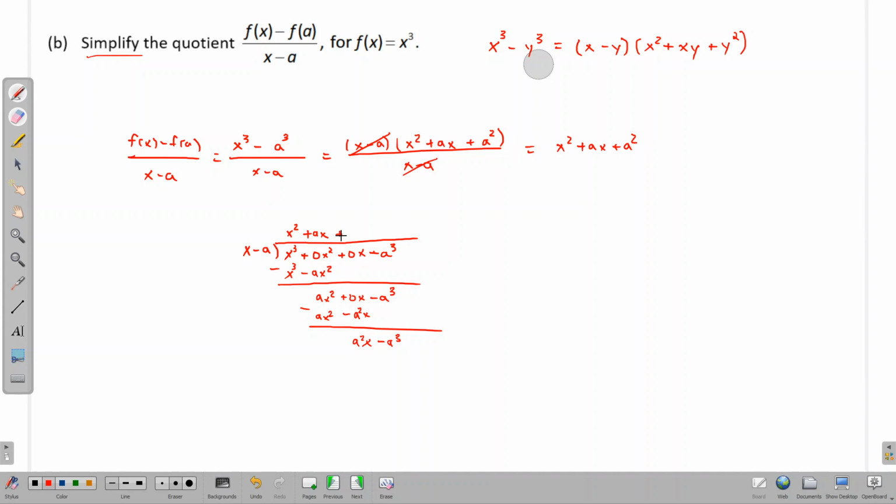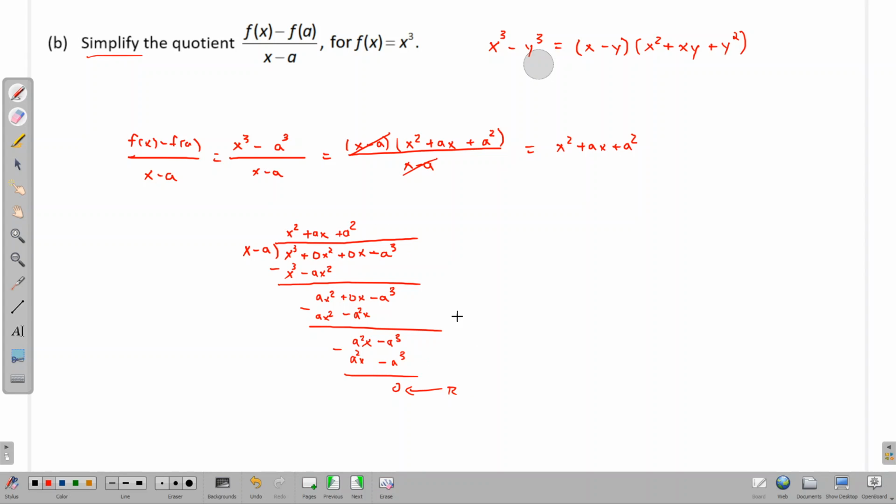Well, just an a squared. And when we distribute it here, we get a squared x minus a cubed. And when you subtract on this one, it all cancels, you just get 0. Remember, that is your remainder. This is your quotient then, and that's what we're getting here. When you take this and divide it into this, you just get the quotient.